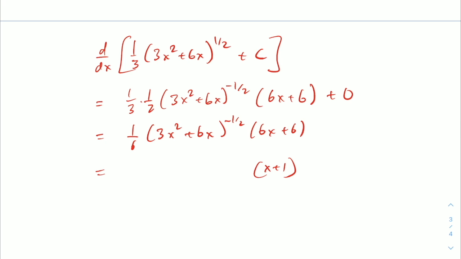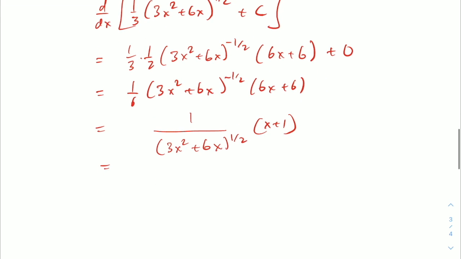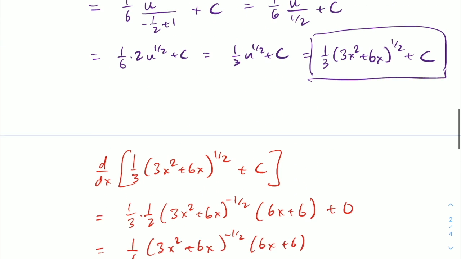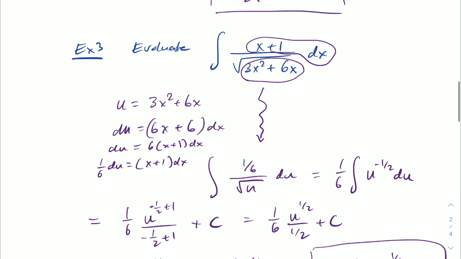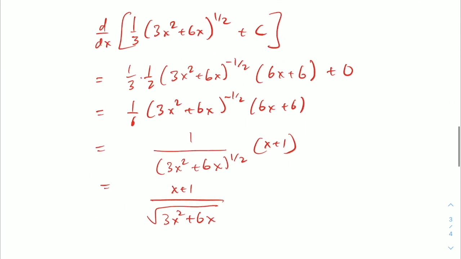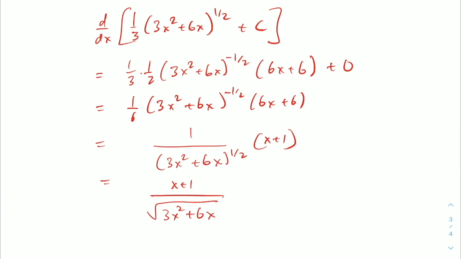And the negative 1/2 can be written as positive 1/2 in the denominator, like so. And then that 1/2 power can be written as a square root. And we have our original function, x plus 1 over the square root of 3x squared plus 6x. So our antiderivative looks like it's correct.